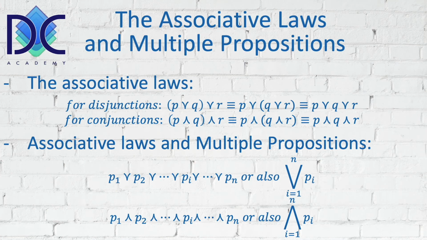Or we can say this is the n-ary logical OR from i equal to 1 to n of Pi. And for the conjunctions, this is the n-ary logical AND for i equal to 1 to n of Pi. So basically, this is a different way to write those associative laws for disjunctions and conjunctions. And we'll be using that later in some other applications too.